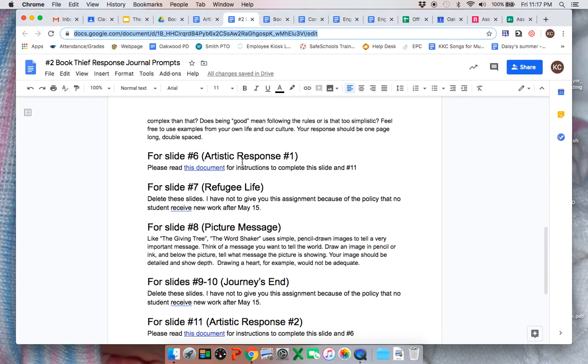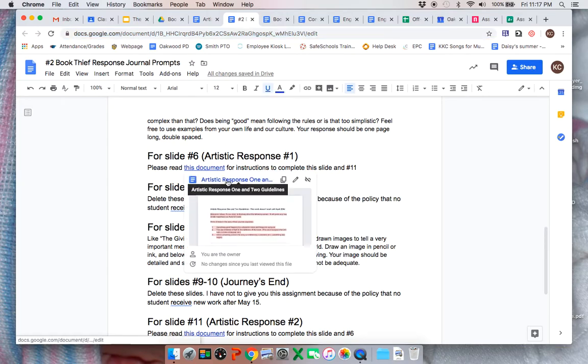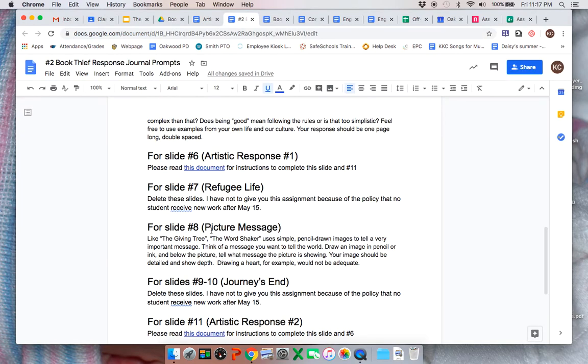For the artistic response, wasn't there another document? Yes, it's this document. If you click on this, it gives you that document that had the coloring. Remember that? It looks like this. Where is it? It's gone. That's okay. I can go there from here.